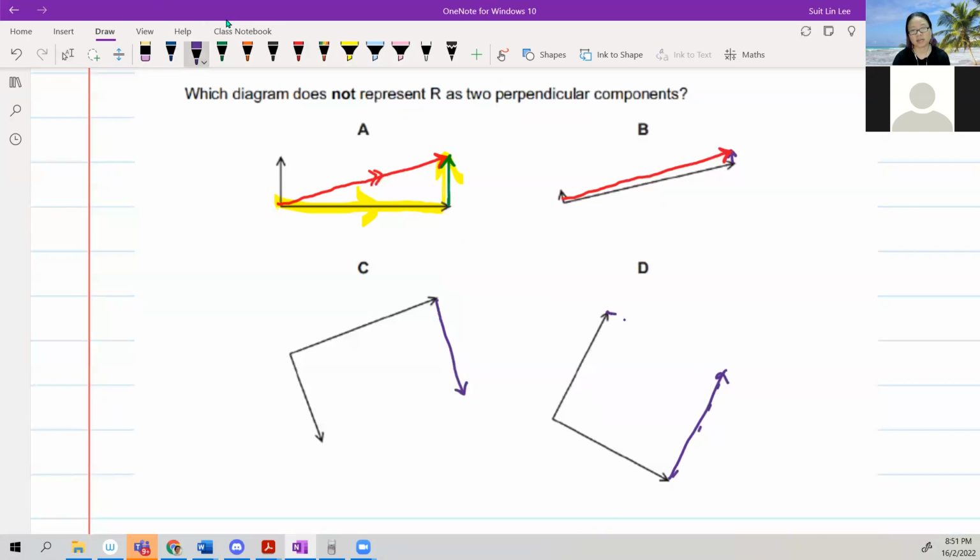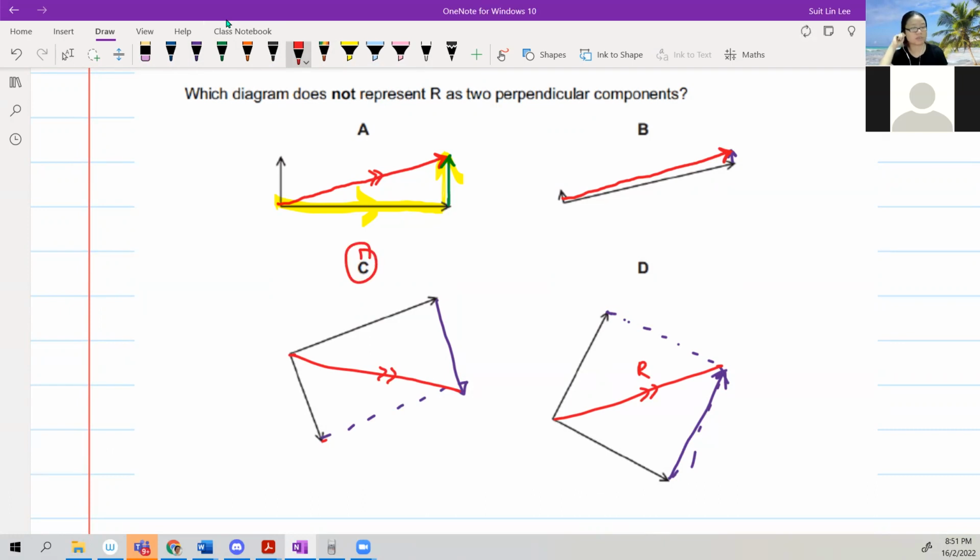So if I transfer the arrow this way, or I draw a parallelogram this way, I find that this resultant is still sort of in this direction. So A, B, and D can. Whereas for this one, it feels like the resultant is pointing slightly downwards, don't you think? Down in this direction. So this one is probably the answer, C.